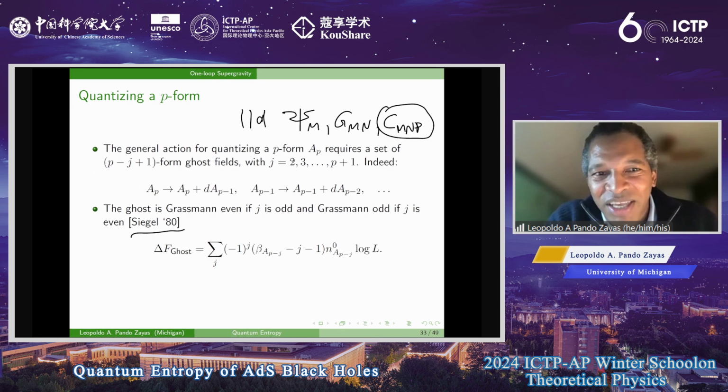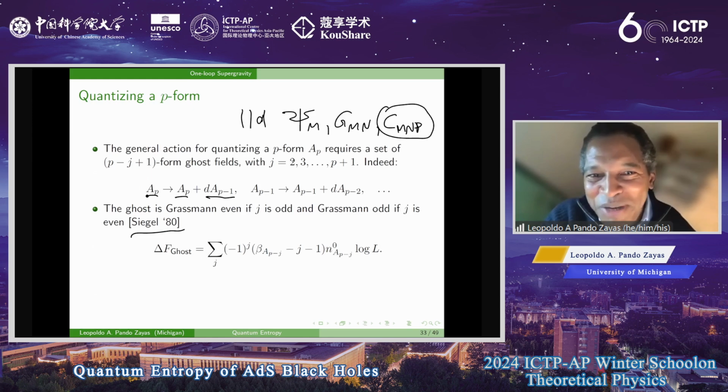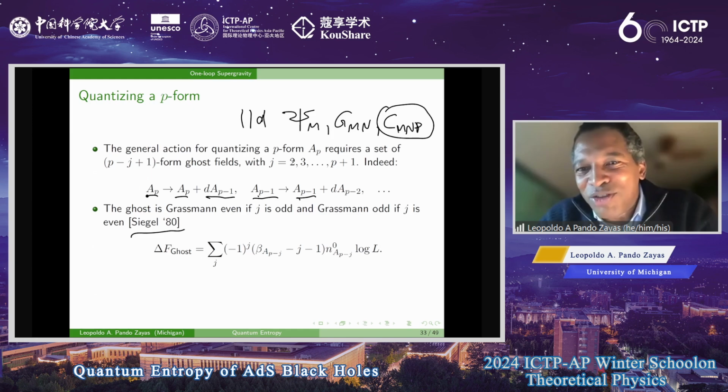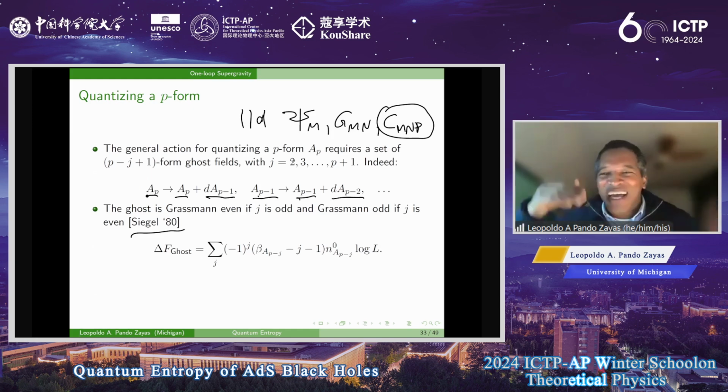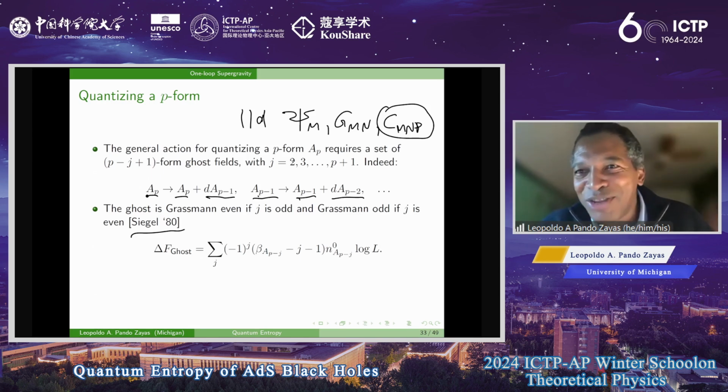If I want to quantize a P form, this P form has some gauge invariance, right? It uses a P-1 form. So I need to write some sort of a Faddeev-Popov ghost for this P-1 form. But this P-1 form itself has some gauge invariance. I can do a gauge transformation where I use a P-2 form. So it's a little bit like a ladder. To quantize a P form, I would need a P-1, P-2, all the way until I get to nothing.